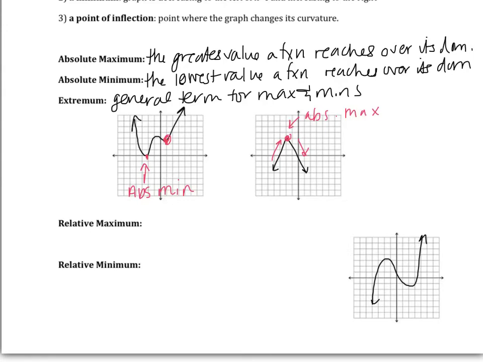This would be an example of a relative minimum. From here to here in this graph, that is the lowest point, but there are other lower points in the graph. A relative maximum is the greatest value on an interval of the domain.